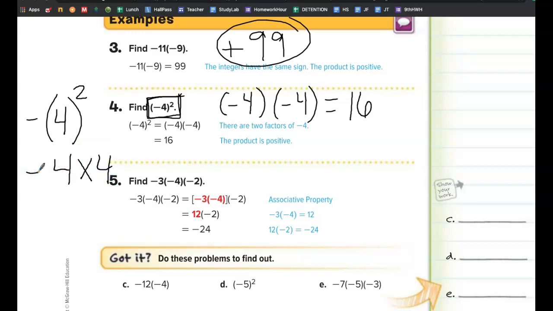How many negatives do I have? 1. So is my answer positive or negative? Negative, and 4 times 4 is 16. So there is a difference when the parentheses includes the negative or doesn't include the negative. This was an example I'm showing you. It wasn't in the book.